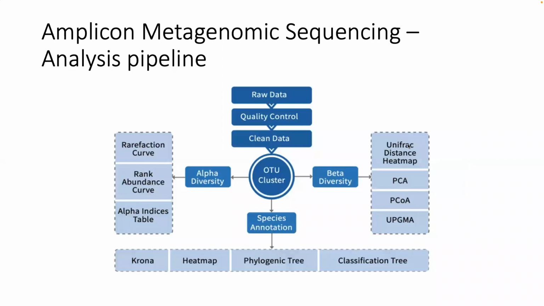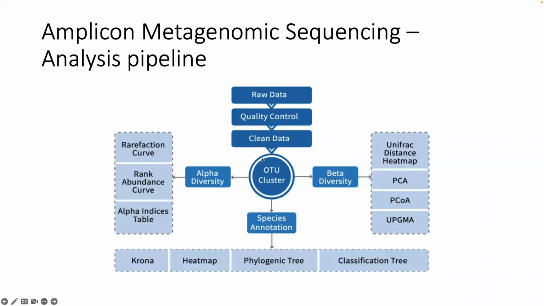So I want to show you the Amplicon Metagenomic Sequencing analysis pipeline. Kyle just went over one previously. Very simple. Raw data. At each pipeline that Novogene offers, we do data quality control before the client even gets the data. This ensures the viability of our pipelines. Cleaning the data up, OTU clustering. So we either do alpha and beta.